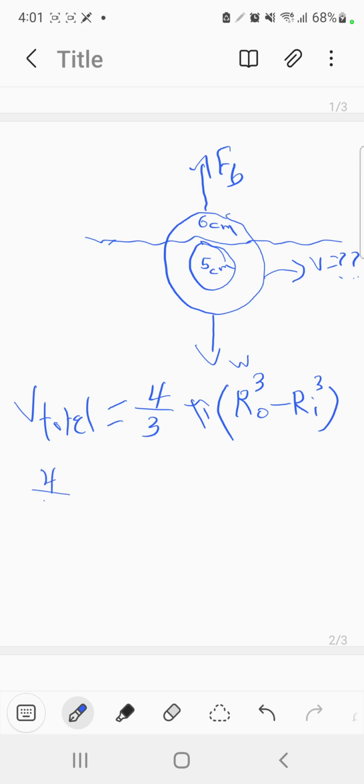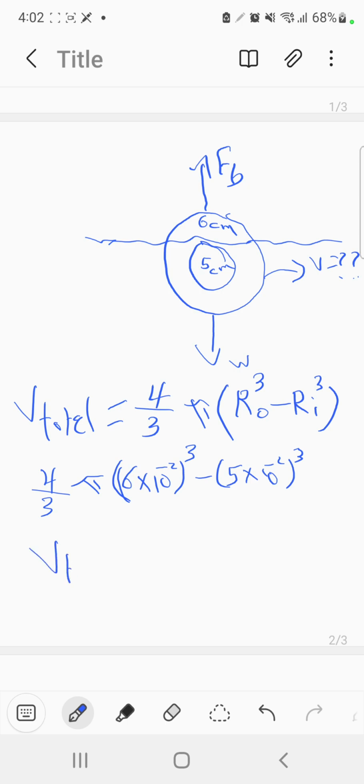So it is 4 over 3 pi times 6 times 10 to the power minus 2, all cubed, minus 5 times 10 to the power minus 2, all cubed. After a little bit of calculation, we know V total is equal to 3.8 times 10 to the power minus 4 cubic meter.